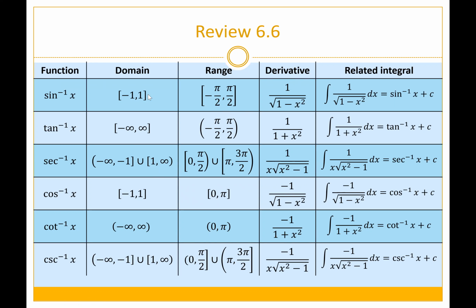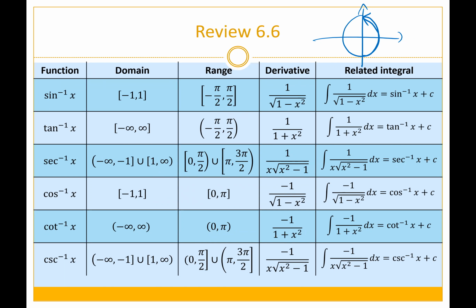So we have the domain of sine. Domain is the possible values of x in here, and the range is the possible values of the entire function. So inverse sine of x can only have values between negative pi over 2 and pi over 2 on the unit circle. So the value can only be from here to here.